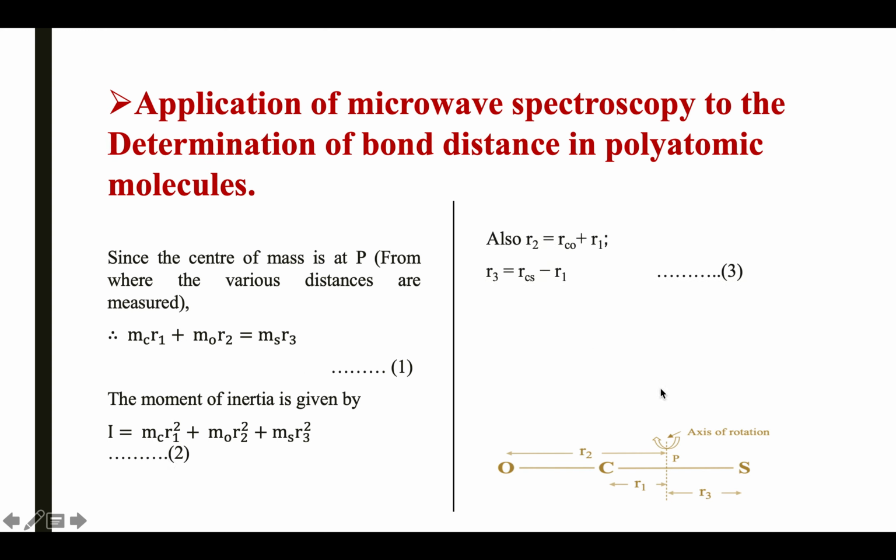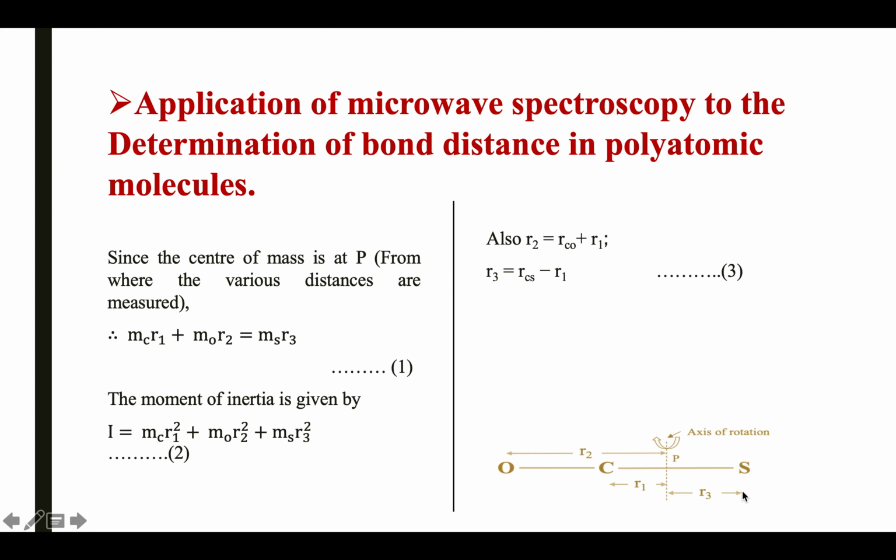Now from this figure we can see that R2 is nothing but the carbon-oxygen distance plus this R1 distance. If you add them together, you get the R2 distance, from which we get the bond distance between carbon and oxygen.